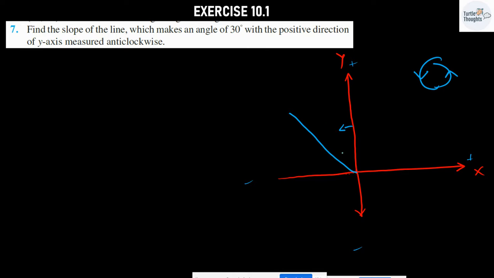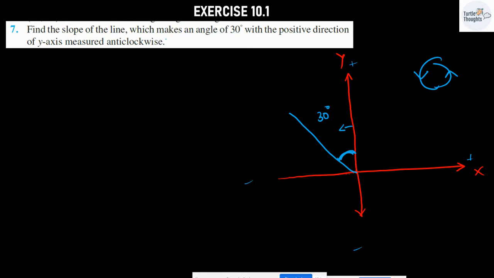So this is going to be the line. So this is going to be 30 degree. Is that clear? I hope it's clear, right?